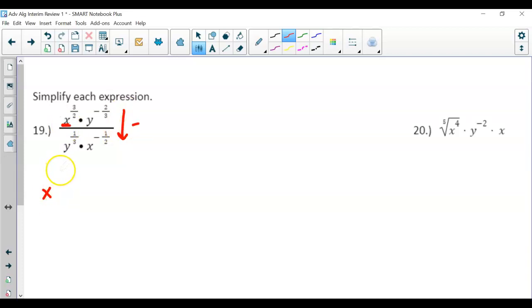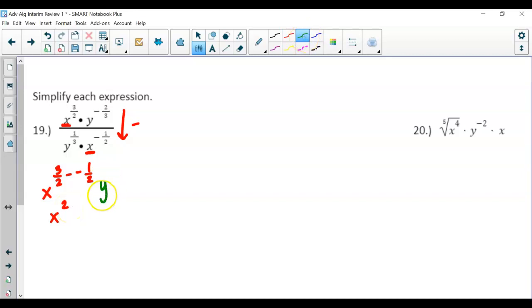So for x, we have 3/2 minus what exponent? -1/2, because the bases must be the same. So even though it got switched, you can't just go straight top to bottom, right? Bases have to be the same. So 3/2 minus -1/2. Notice again, you're going to get the two negatives making a positive. So this is x to the second power.